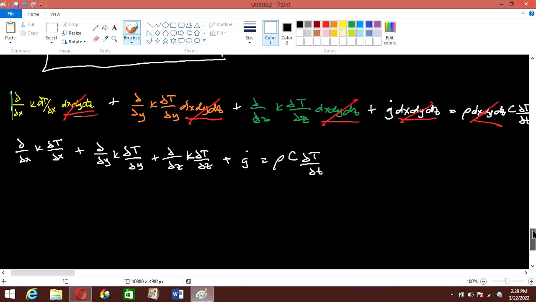Okay, so that's it. The general expression or derivation of heat conduction in rectangular coordinate system.